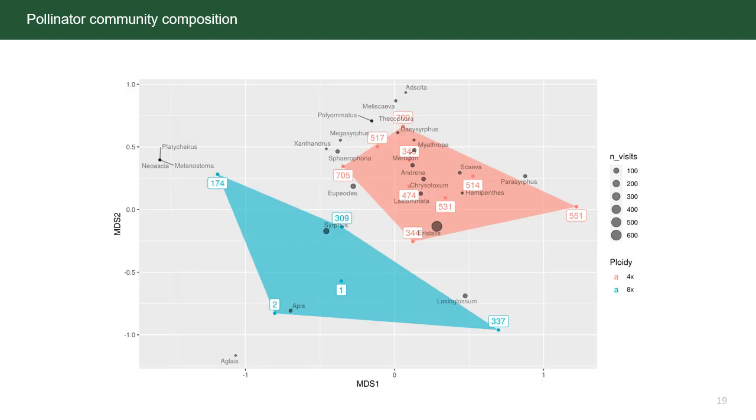So finally, this is an MDS plot just to visualize the extent of the two communities, and the two polygons represent the two different pollinator communities for the tetraploids and the octoploids respectively. In red you can see the polygon for the tetraploids that contains Eristalis as a main driving factor, and the polygon in blue is for octoploids, and Syrphus is one of the main pollinators. These polygons don't touch each other, leading us to believe that the communities are separated.